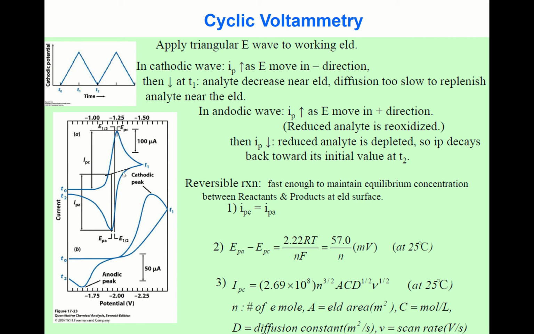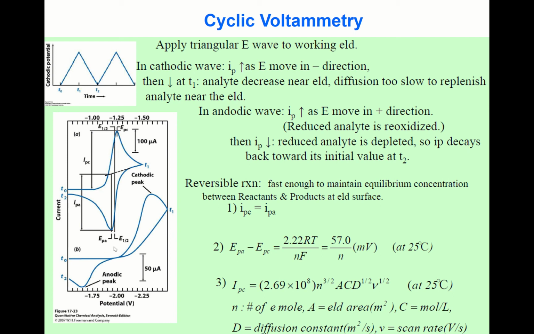So you have to have a background current, and then here you follow this decrease in current and extend. This dotted line is the extension of this one, and then from here you measure vertically the peak current. That is the peak anodic current.